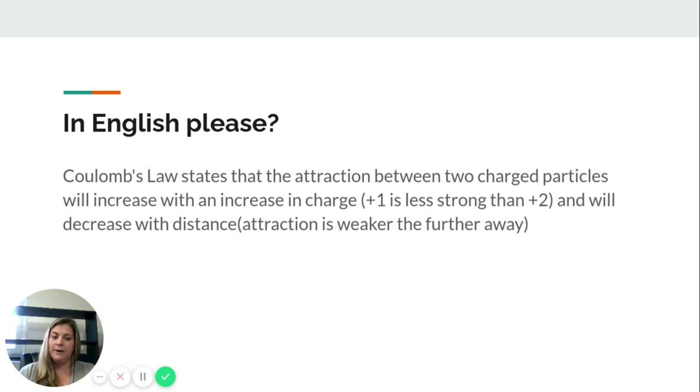So a +2 and a -2 are going to be more attracted to each other than a +1 and a -1. And that attraction will decrease as you increase distance. So a +2 and a -2 are super attracted to each other when they're really close together. You pull them apart and they're not as attracted to each other.